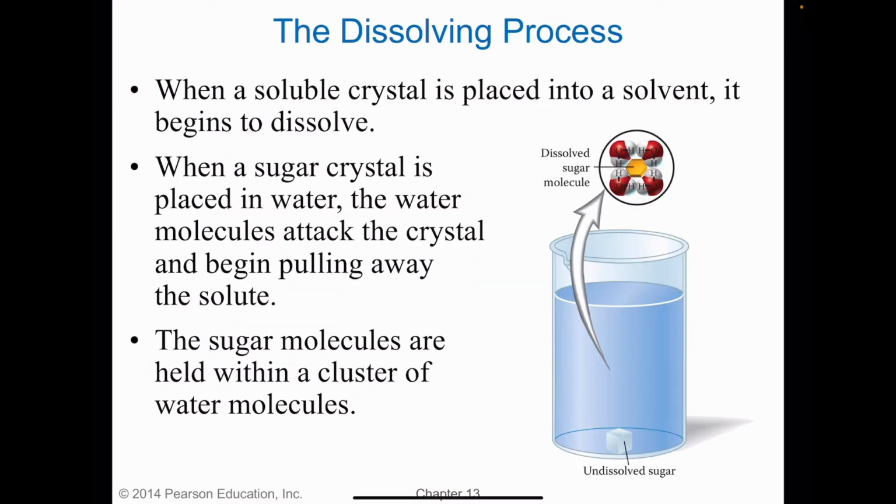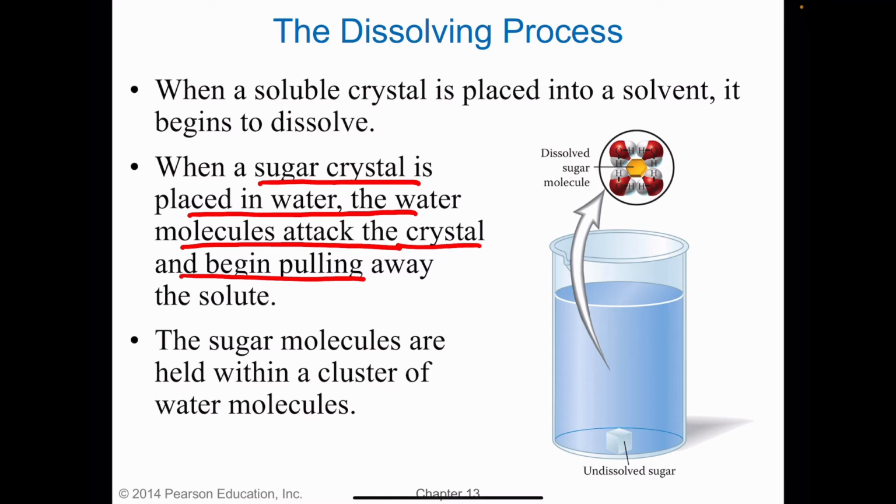So next, the actual dissolving process. What happens when something is dissolving? There are essentially three things that need to occur. Number one, we have to break up the crystal lattice. When a sugar crystal, for example, is placed in water, the water molecules attack the crystal and begin pulling it away. So we have to rip apart the structure that the solute has.